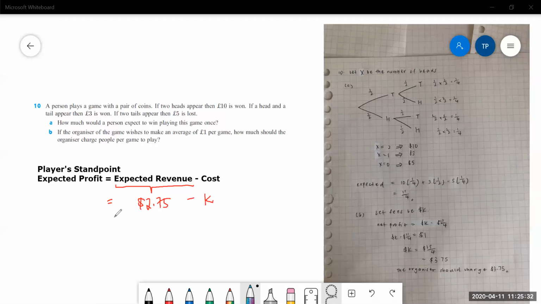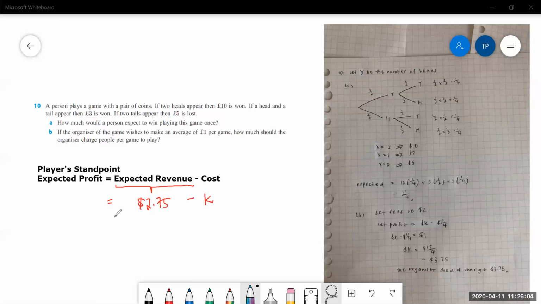We have to... net profit equals K dollars minus the fee.